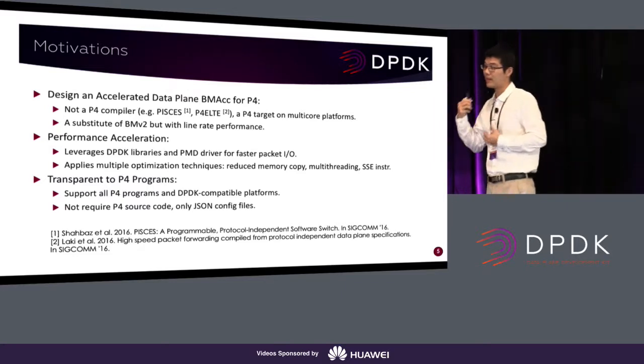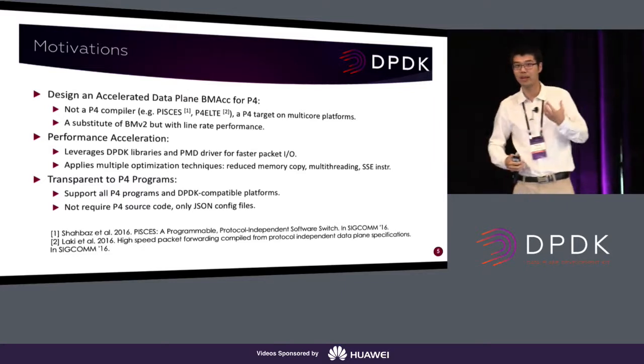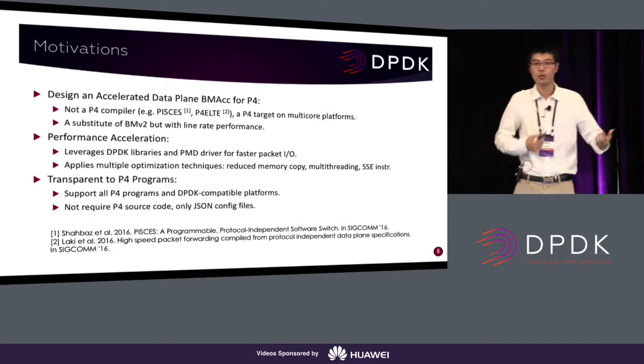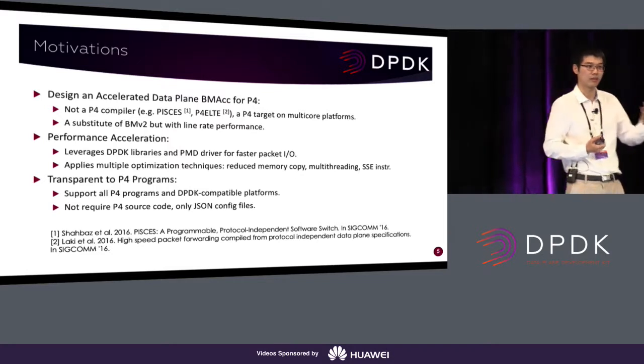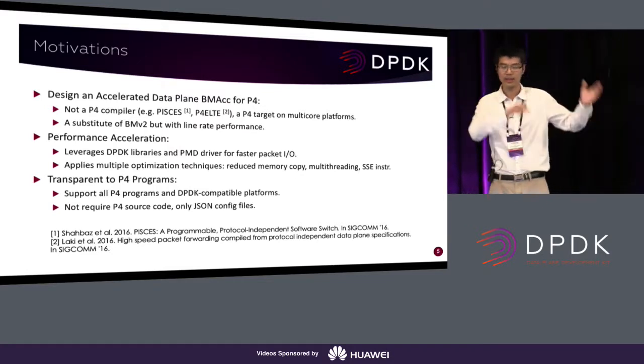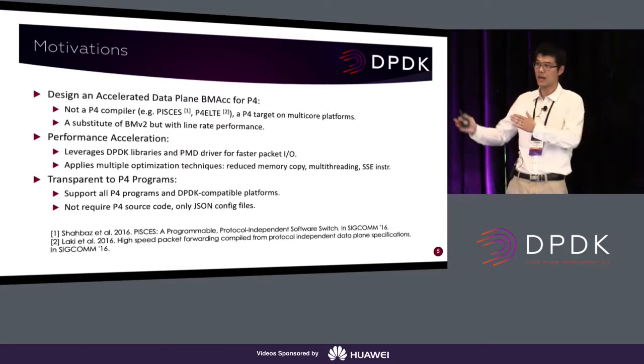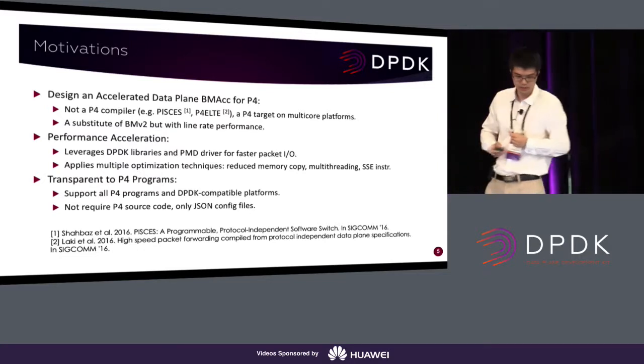Also, a great advantage of using BMV2 is we are not requiring the P4 source code. You can just pass me the configuration file generated by your P4 code, and I can configure the BMAC switch.